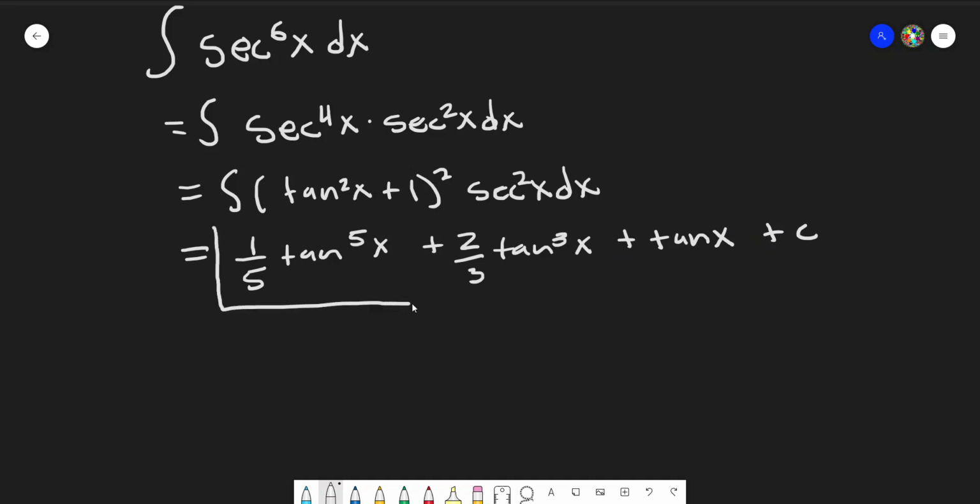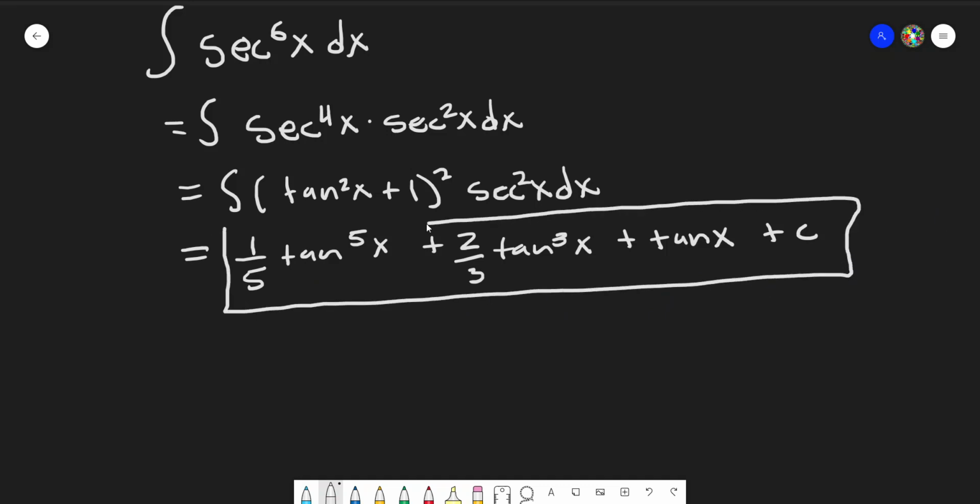So this would be the solution to how do you find the antiderivative of secant to the 6th x.